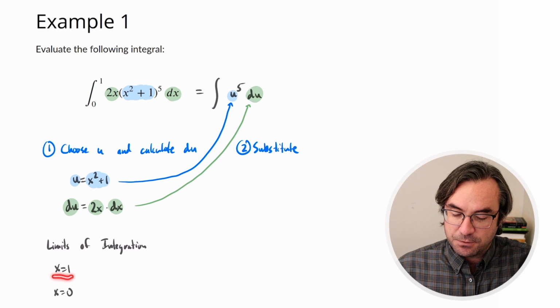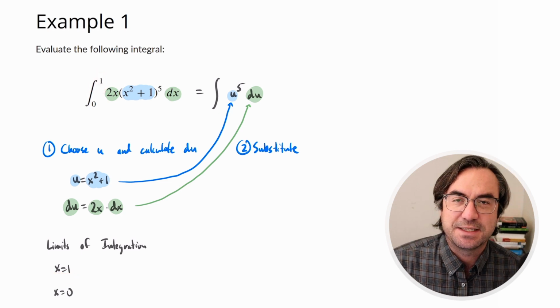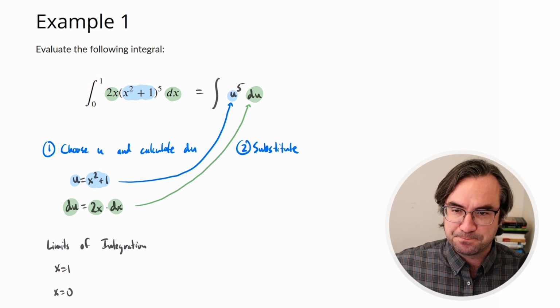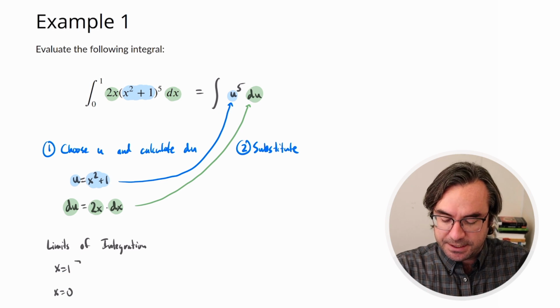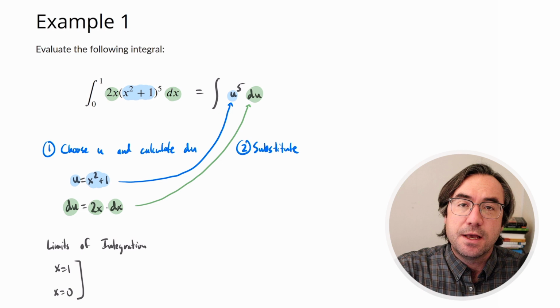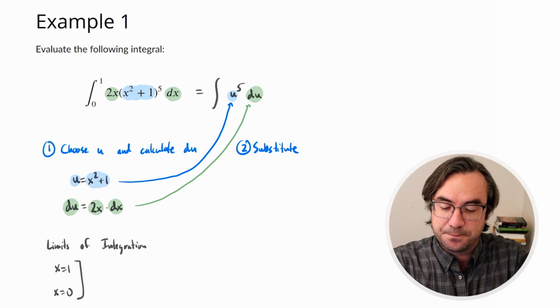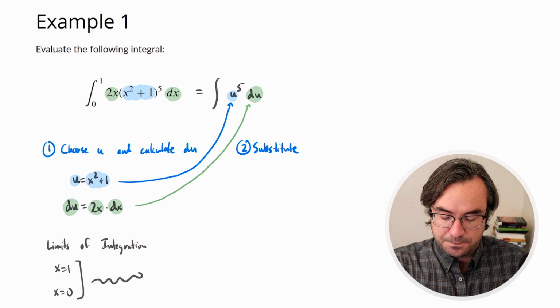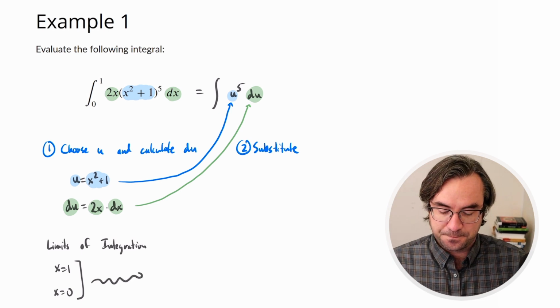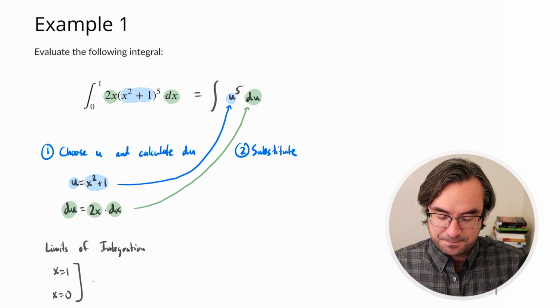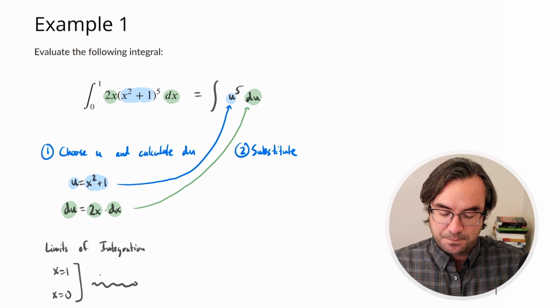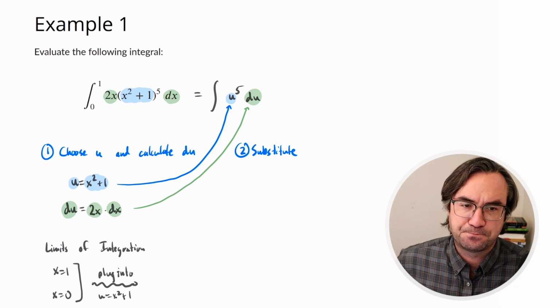So x equals 1 is our upper limit, x equals 0 is our lower limit. And the idea is we're going to take these two x values and plug them into our u equation. So we're going to plug these into u equals x squared plus 1.